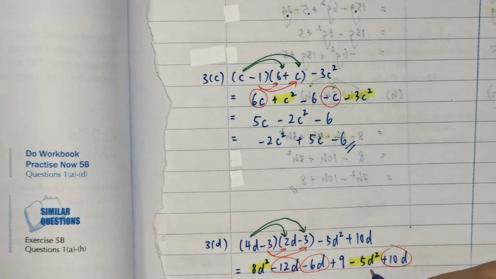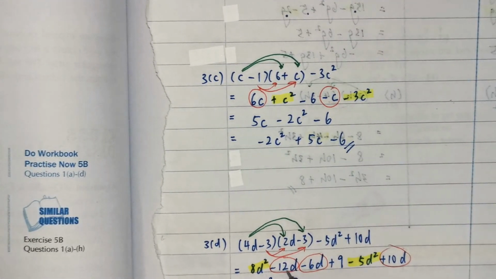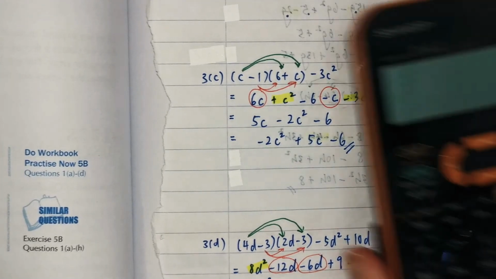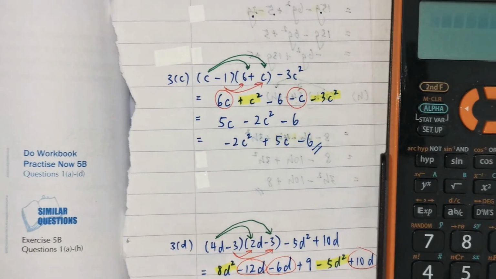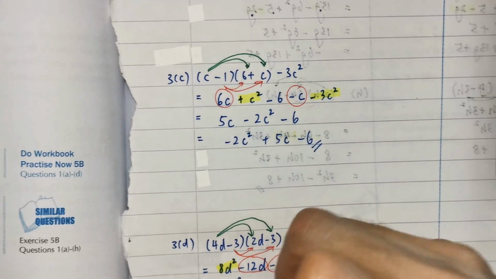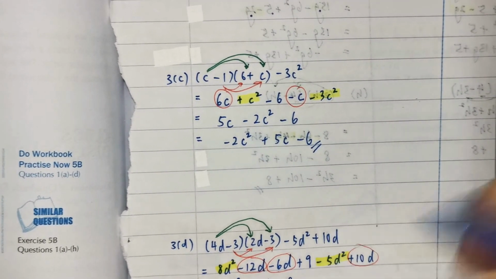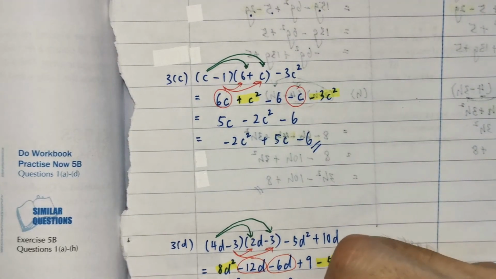So 8d squared minus 5d squared will be 3d squared. Negative 12d minus 6d plus 10d will be, use your calculator, negative 8. So it's negative 8d and 9 remains the same, so I just copy down 9. So this one will be my answer.